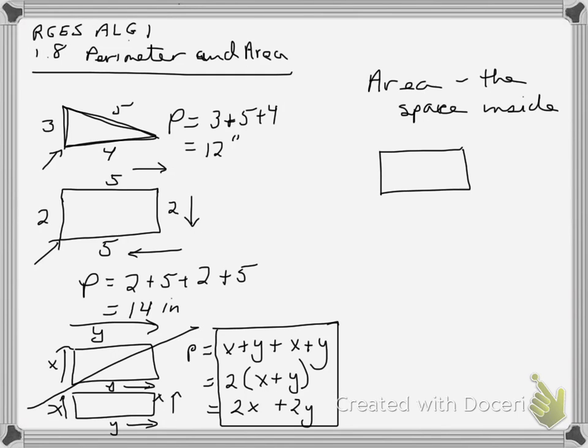For instance, if I have a rectangle and I've got width and I've got length, let's say this were 3 units this way and 5 units this way, I could cut it up into 3 groups, 3 units this direction, 5 units this direction, and I'm asking how many small squares, 1 unit by 1 unit squares, do I have in the whole thing?